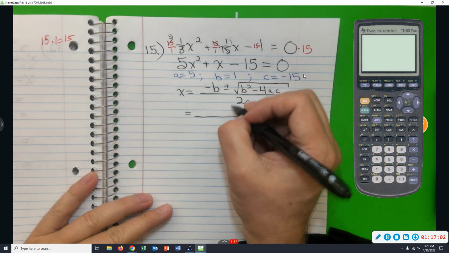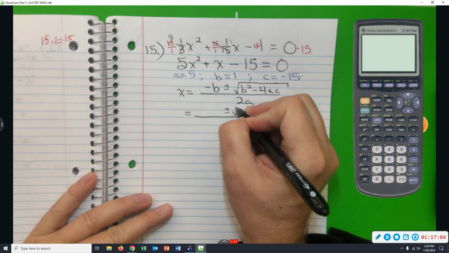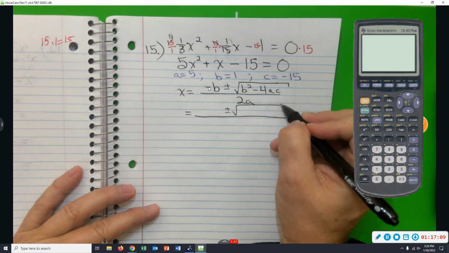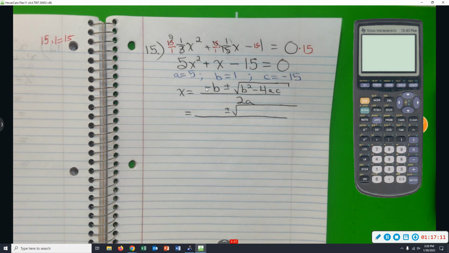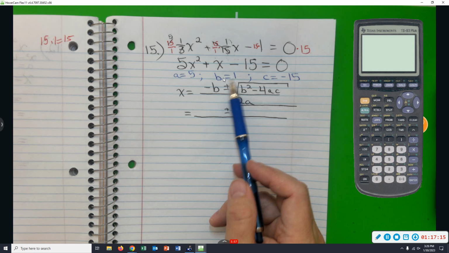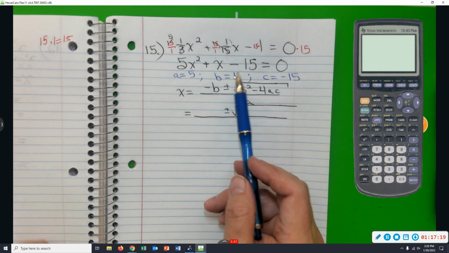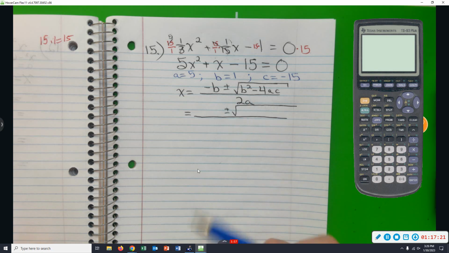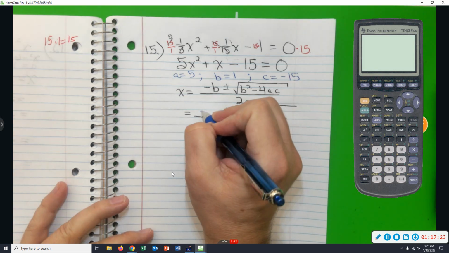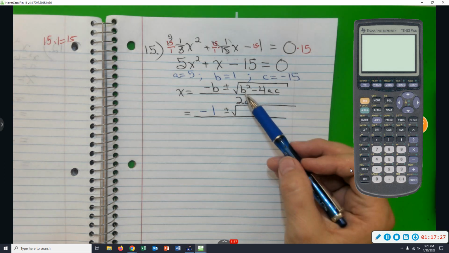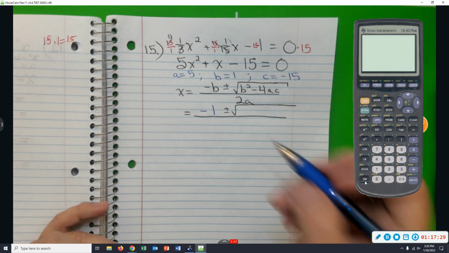Here's my plus, minus, and my square root. Oh, look at this. Negative B, the opposite. Hey, we finally have a B value that's a positive number. The opposite of positive 1 is negative 1. B squared, 1 squared is 1.